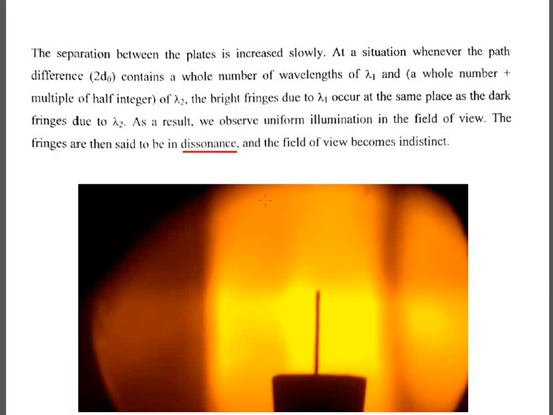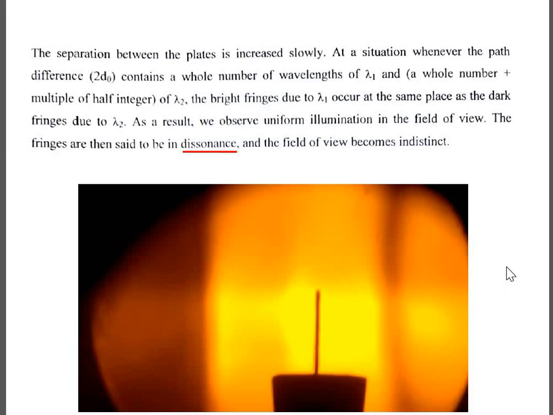This will happen when the path difference 2d0 contains a whole number of wavelengths of lambda 1 and a whole number plus a half of lambda 2. That means one maximum and one minimum. Then the bright fringes due to lambda 1 occur at the same place as the dark fringes due to lambda 2. And what will happen? Uniform illumination in the field of view, and this is known as dissonance.